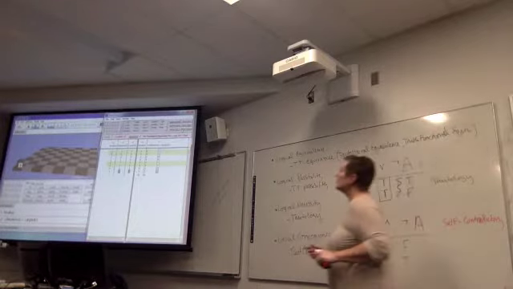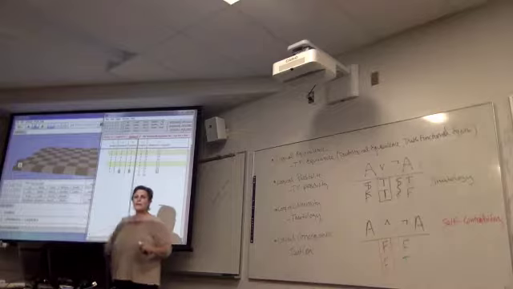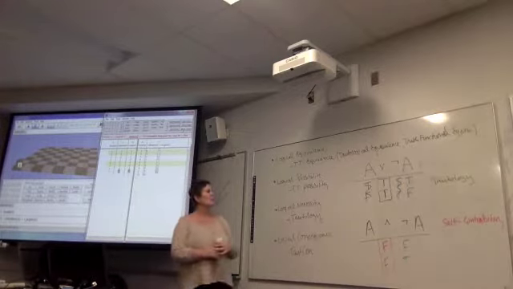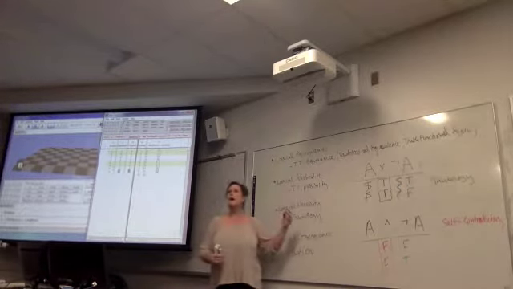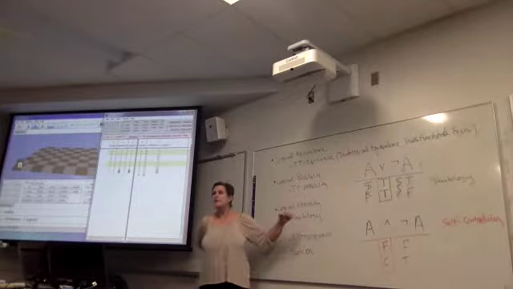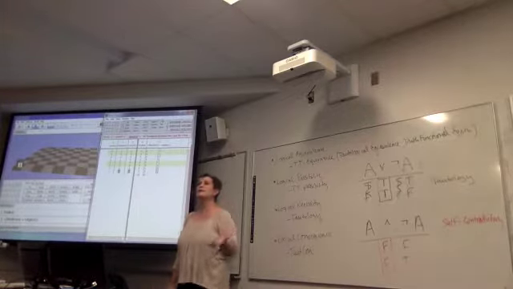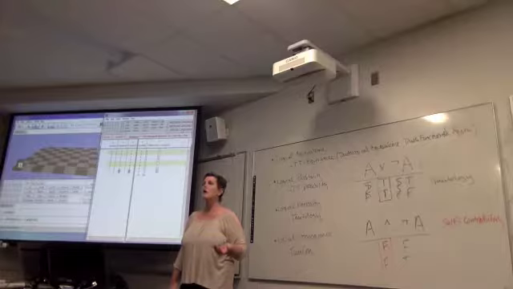Similarly to the equivalence example we had over here, we'll see that although it is the case that all tautologies are logical necessities, right, it's not going to be the case that all logical necessities are tautologies.